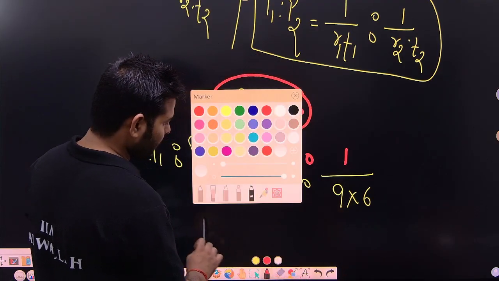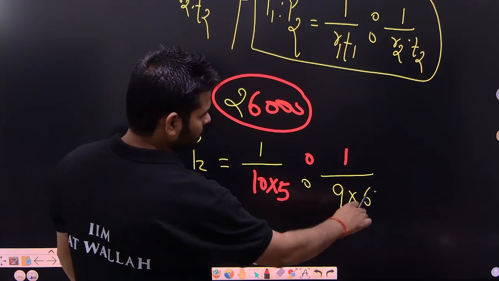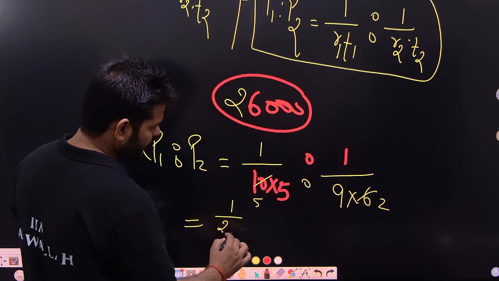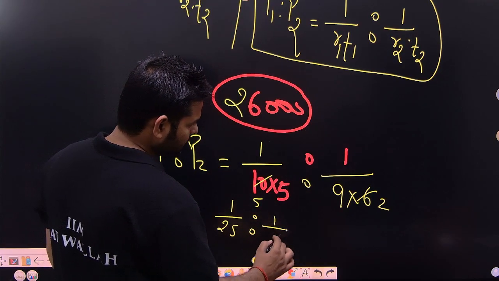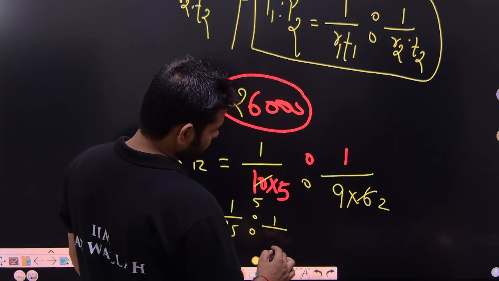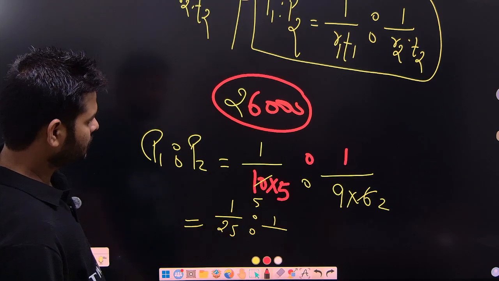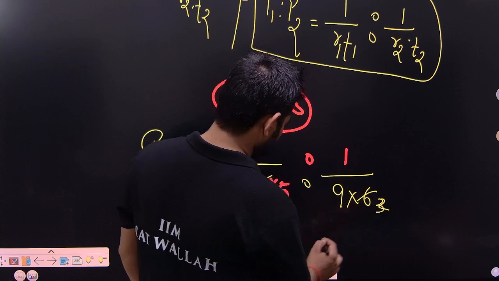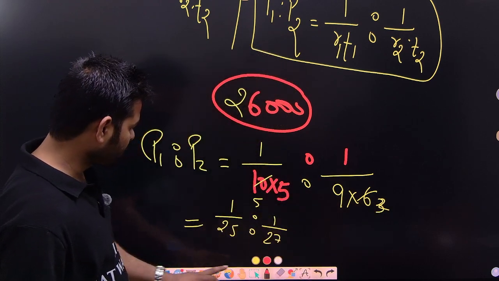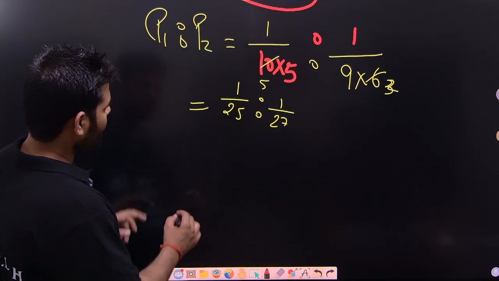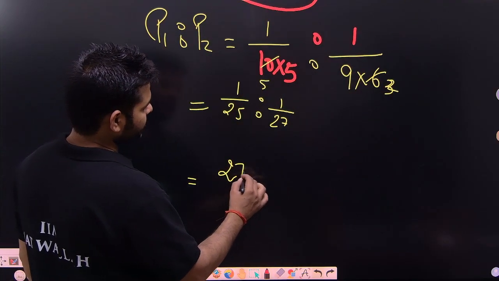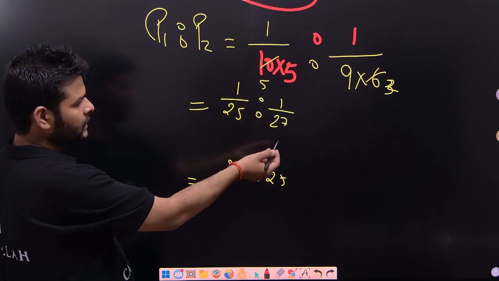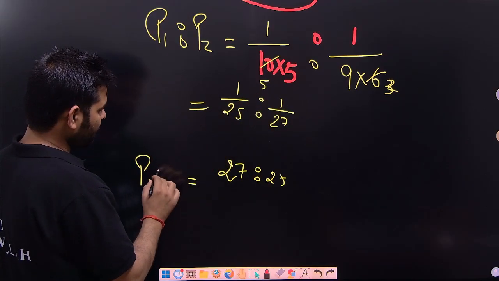So from here you will directly get 1 upon 50 ratio 1 upon 54, that would be 27 ratio 25. Cross multiply this. So from here directly you will get P1 ratio P2.